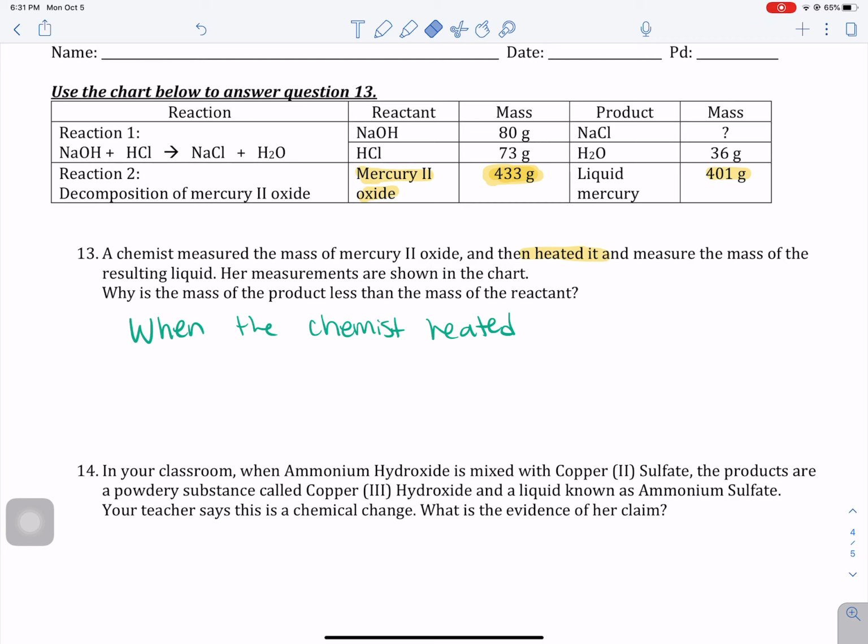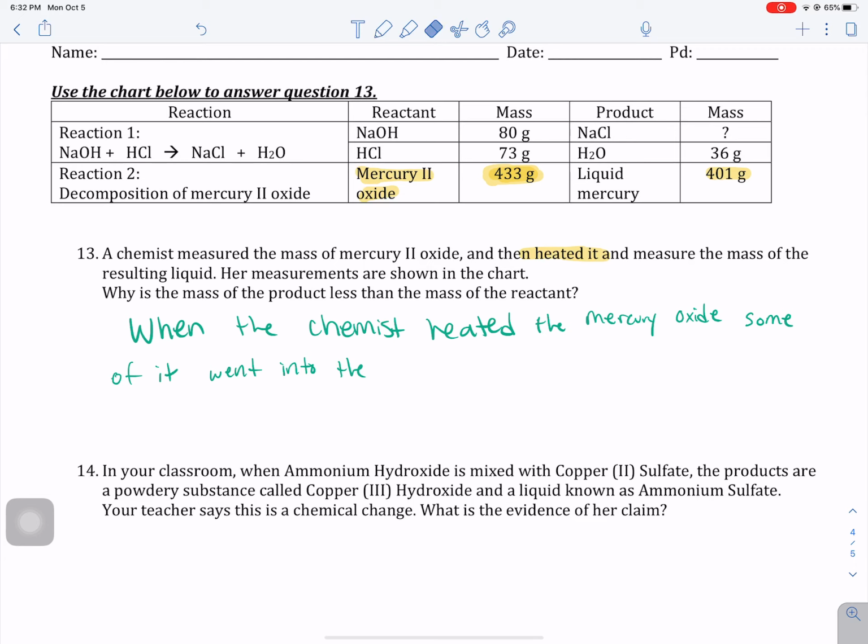Okay, so when she heated the mercury oxide, some of it went into the atmosphere.